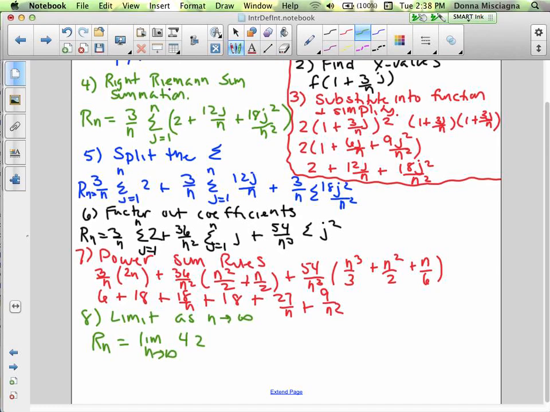And then we can combine the n terms. So that would be 45 over n plus 9 over n squared. And so when we take that limit, we know we're going to have 42 plus 0 plus 0. We know that the limit as n goes to infinity of a constant over n is going to be 0. So 42 is the area under the curve.